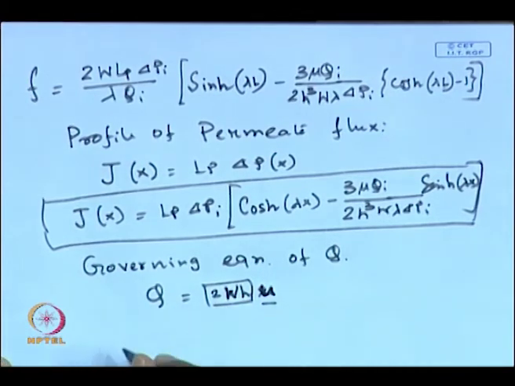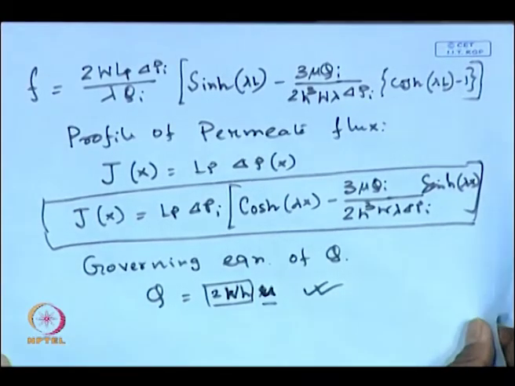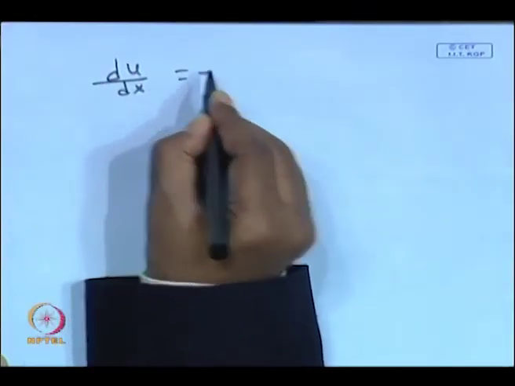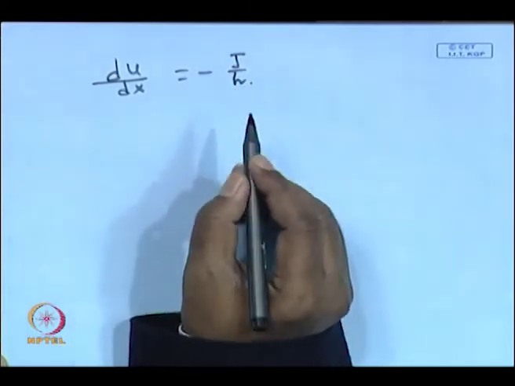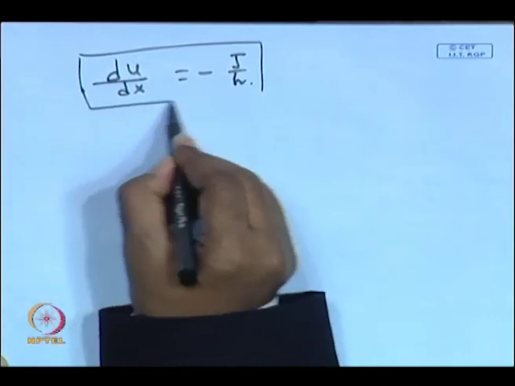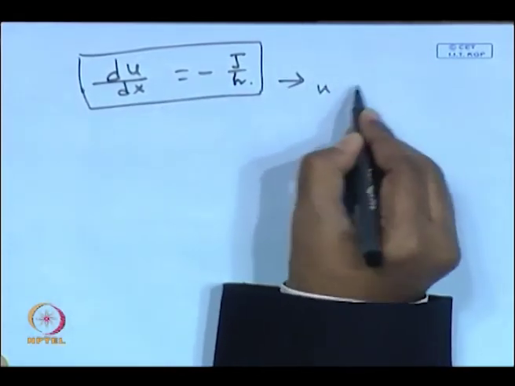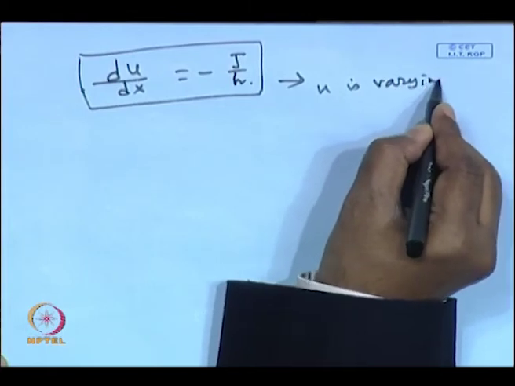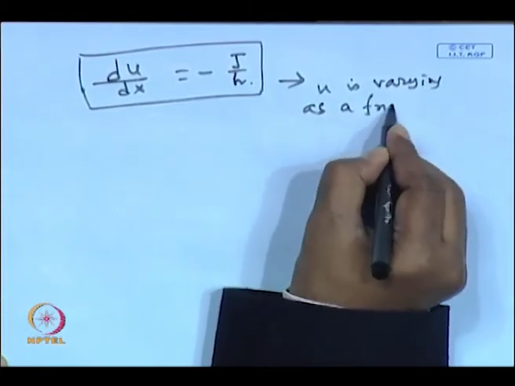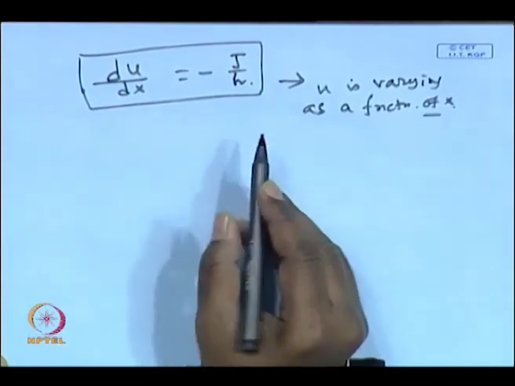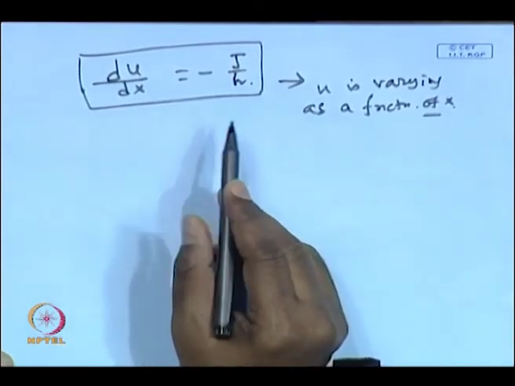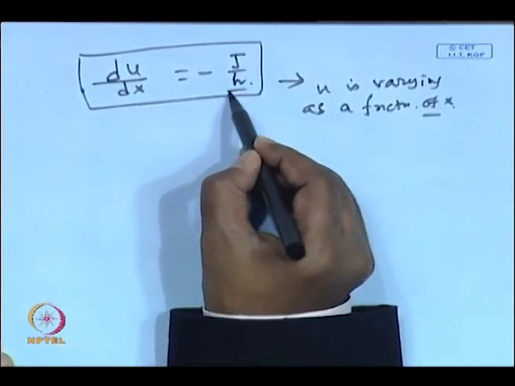So if you substitute in the governing equation of Q, if you remember we had dQ/dX equal to minus 2W J, something like that. Substitute in that expression and see what you get. If you really do that, you will be getting dU/dX equal to minus J over H. So this is the governing equation of how the axial velocity is varying as a function of X. In fact, it is decreasing because you are taking some material out of it.